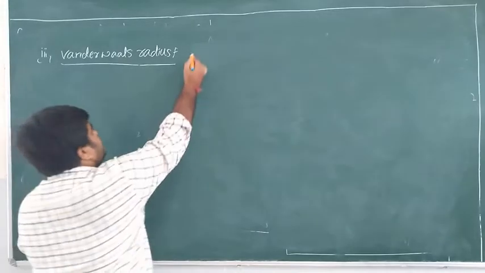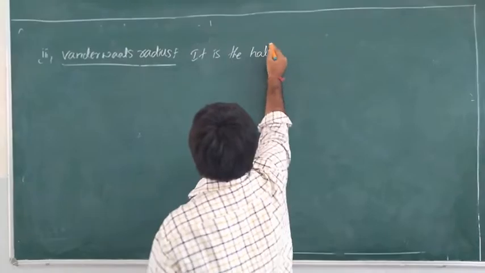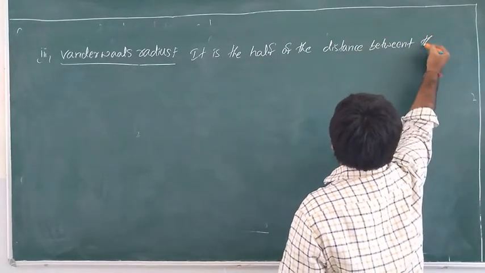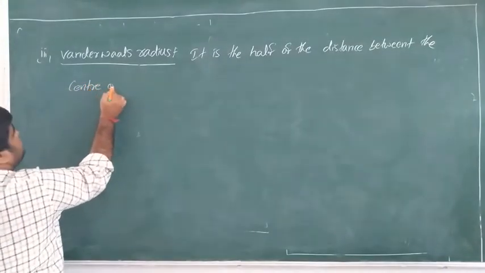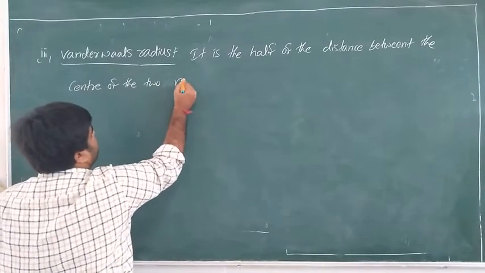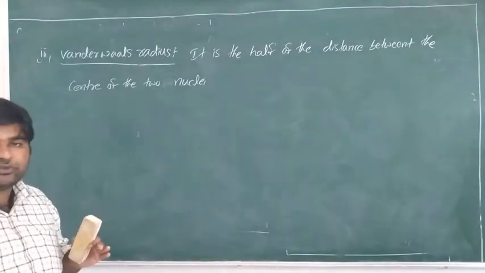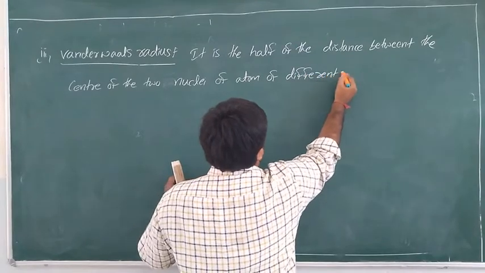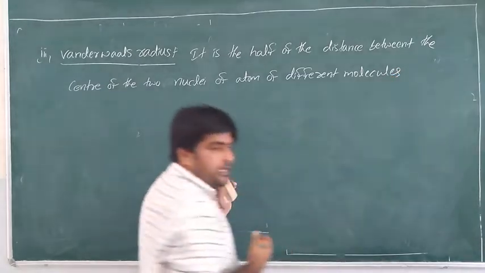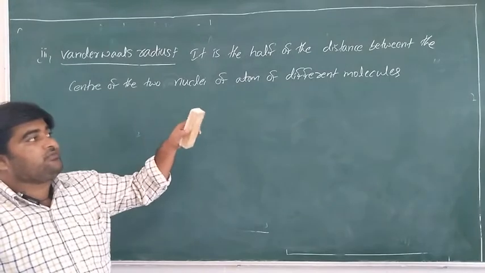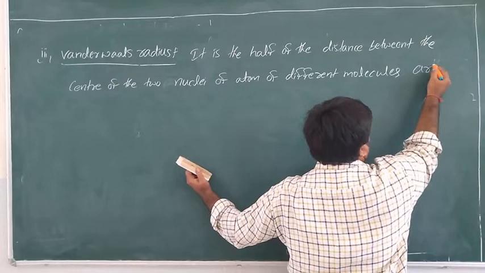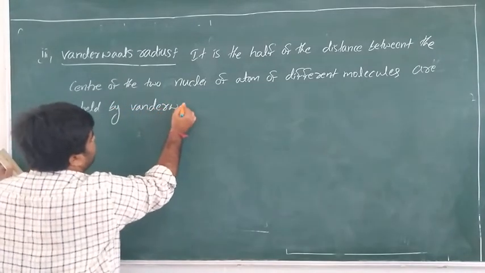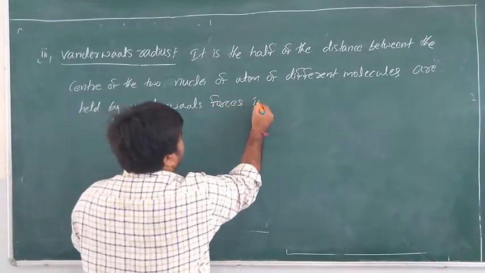What is the van der Waals radius? It is half of the distance between the centers of the two nuclei of atoms of different molecules held by van der Waals forces in solid state.